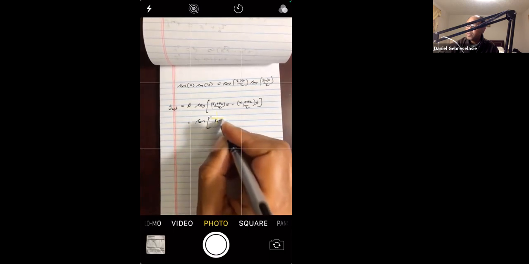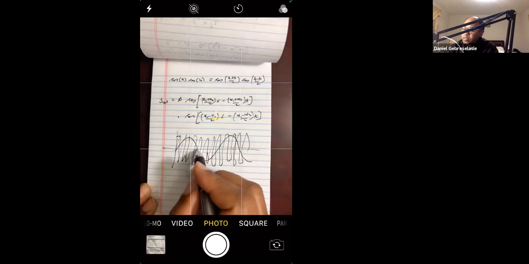You've got k1 minus k2 over 2 times x minus omega 1 minus omega 2 over 2 times t. You see, this is a product. Now, this omega 1 plus 2 is a very high frequency, but the difference is a very low frequency because we're saying the two frequencies are very close to each other, right? So this is a product of a high frequency function and a low frequency function.